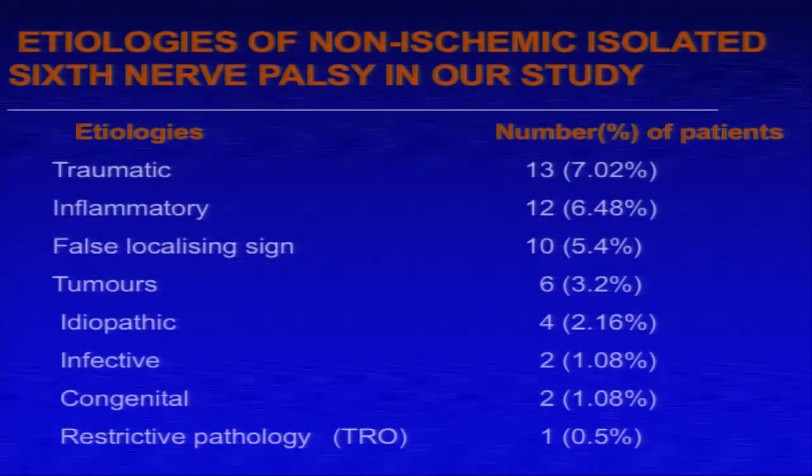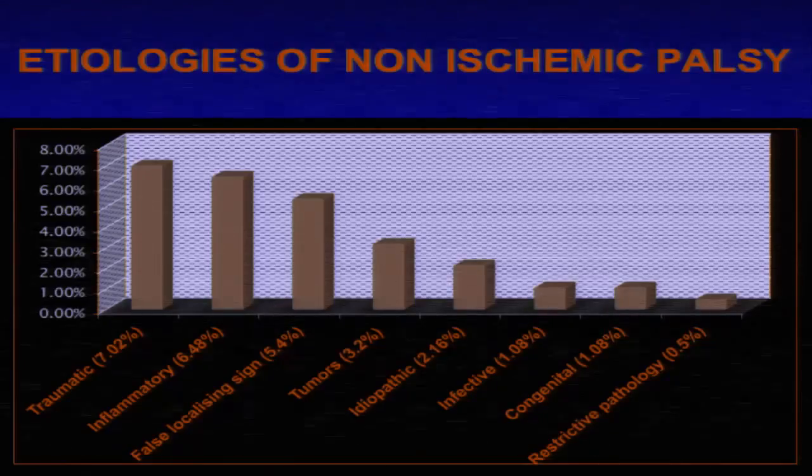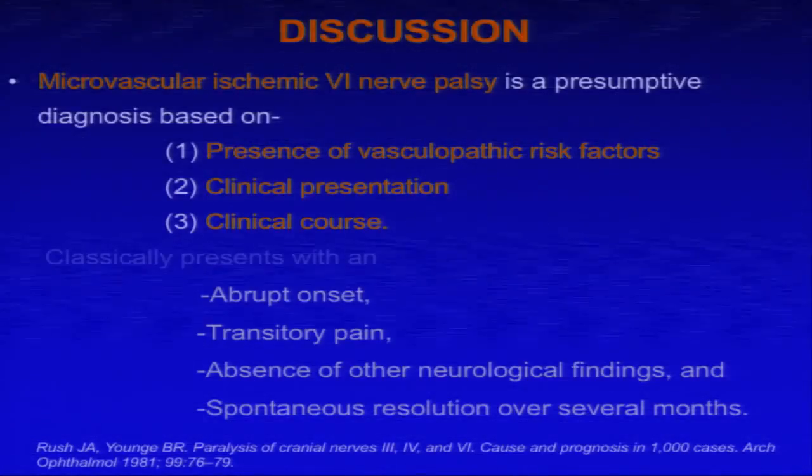Other causes: 5.4%, tumors 3.2%, idiopathic 2.16%, infective and congenital 1.08%, and restrictive pathology due to thyroid-related ophthalmopathy only one case, 0.5%.